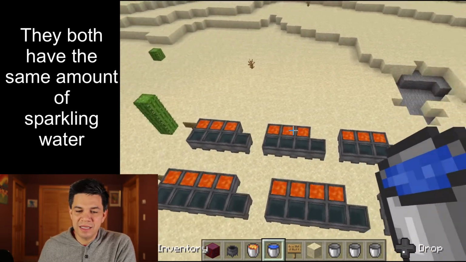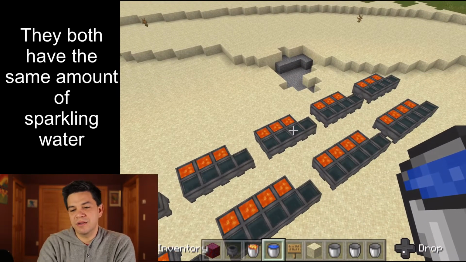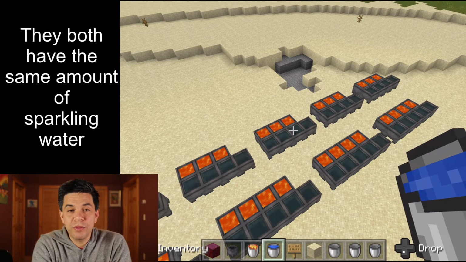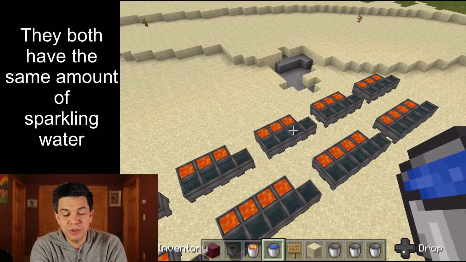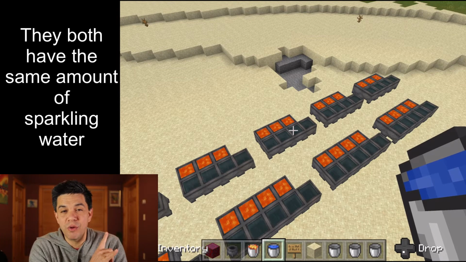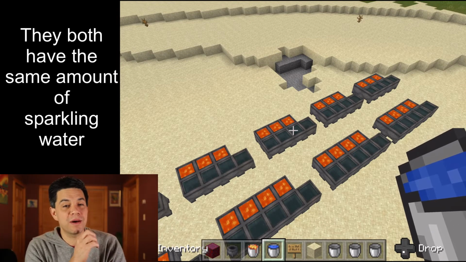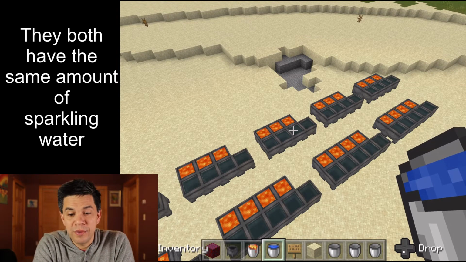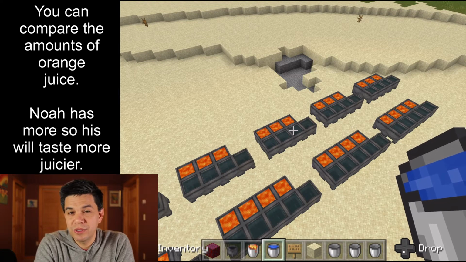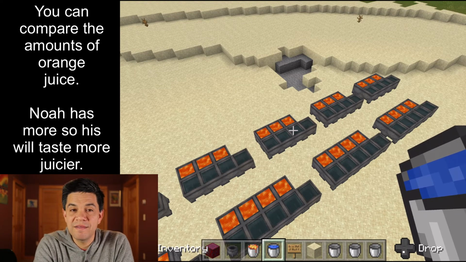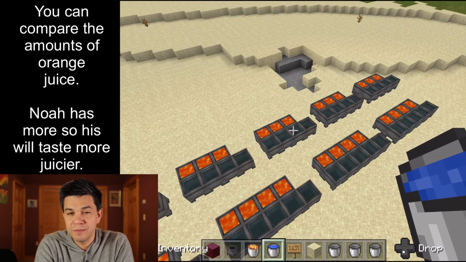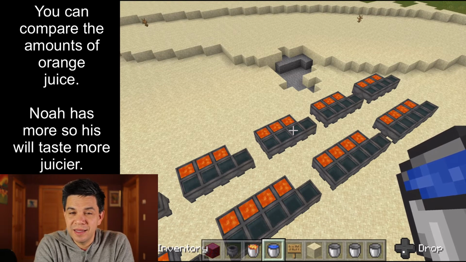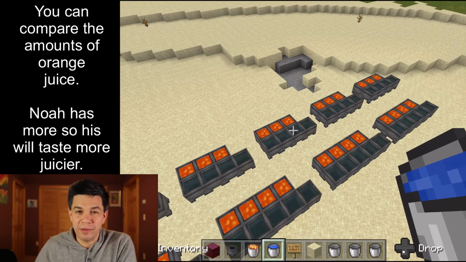Lynn has 15 liters of orange juice. The one with the most orange juice is going to be juicier. They both have the same amount of water in each one. We can compare the amount of juice, and Noah, with his 16 liters of orange juice, has more than Lynn's 15 liters of orange juice. His is going to taste more orangey, and Lynn's is going to taste more watery.